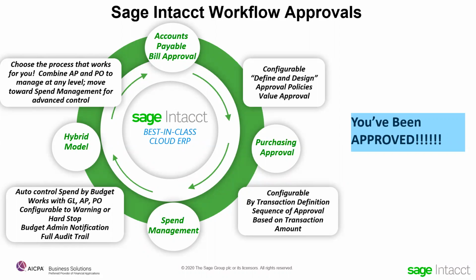So what I want to share with you here on this very busy workflow approval screen is the fact that you have choices as to how you define and design spend management in Sage Intacct. If we start at the top of this round circle here, we'll see that we're really starting out in accounts payable.